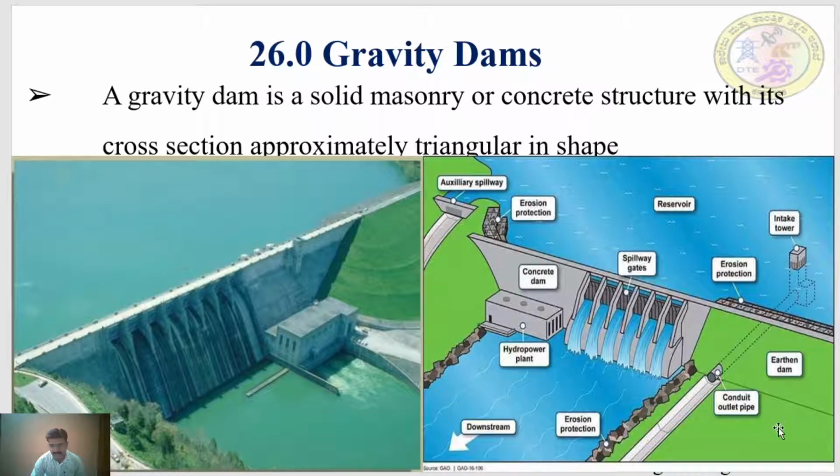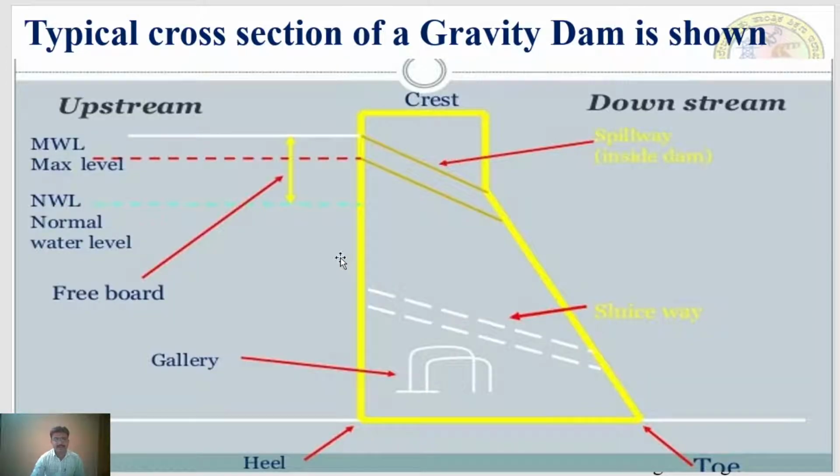This is the intake tower. This is the earthen dam, which is adjacent to the gravity dam, and this is the hydroelectric power plant, which is placed in the gravity dam itself. This is the downstream side.